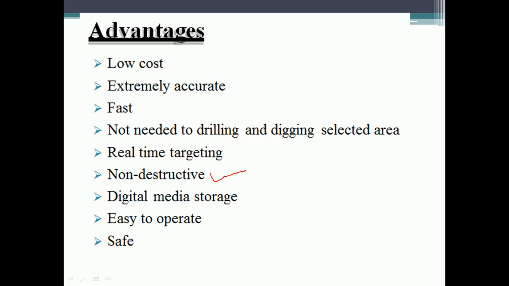It is a non-destructive evaluation method, with digital media and storage, so there is no manual taking of readings and noting of data. Only digital media, it is easy to operate, and it is also safe. So these are some of the advantages of this GPR method.